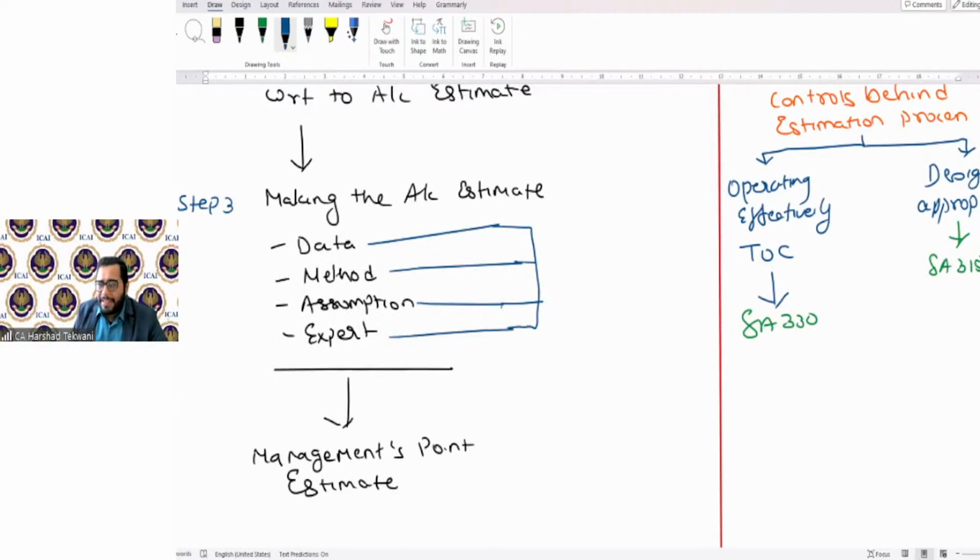For data, I'll check whether the data is reliable. For method, I'll check whether the method is appropriate.